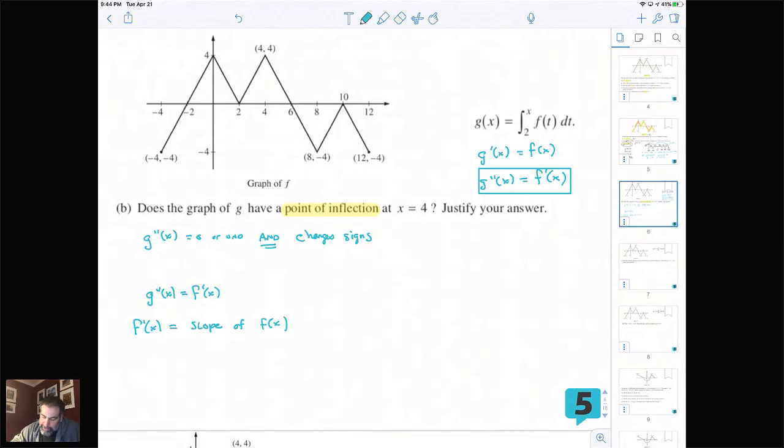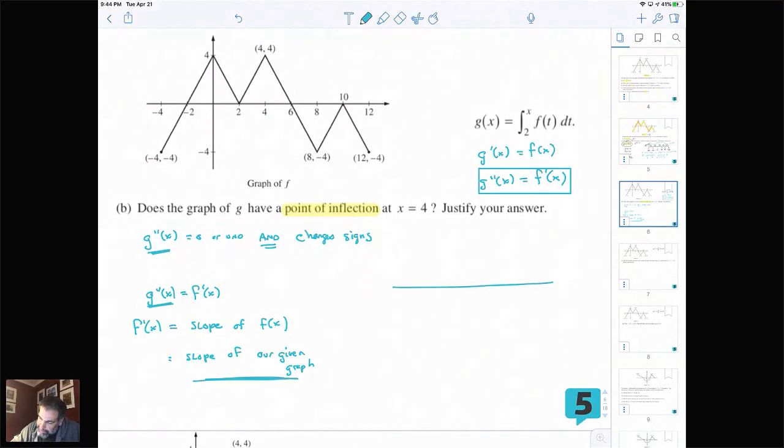And we know in this problem that f of x is actually our given graph. So whenever we're talking about g double prime, we're really talking about the slope of our given graph. I'm going to use these two things interchangeably throughout this example to make sure everything makes sense to you, okay?